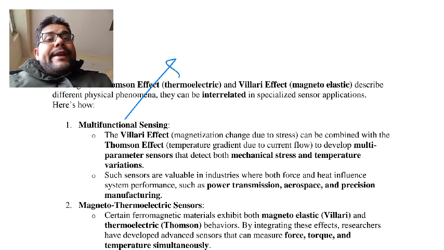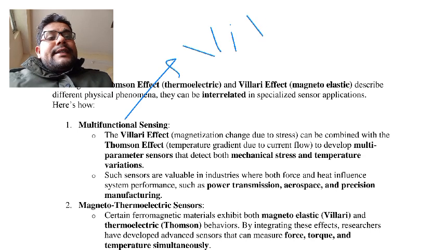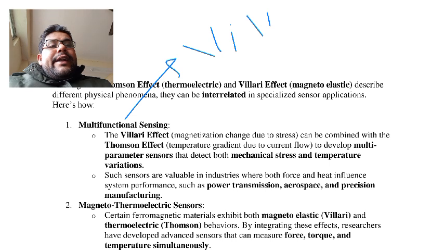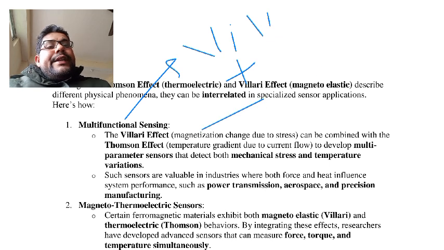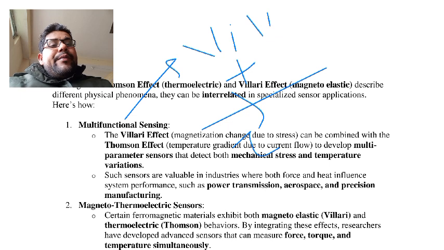First is the Villari effect, which describes the change in magnetization property due to force. The second effect tells about the temperature gradient due to current flow. If any circuit is there and current is flowing, the temperature gradient is dT by dx at each point.